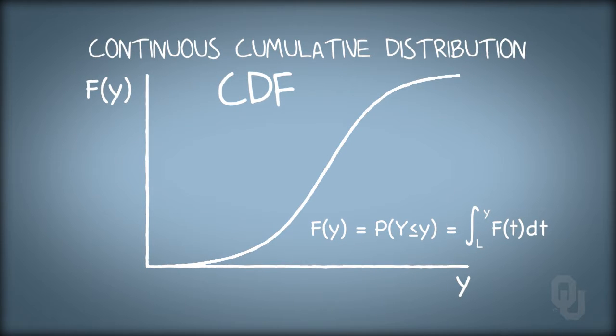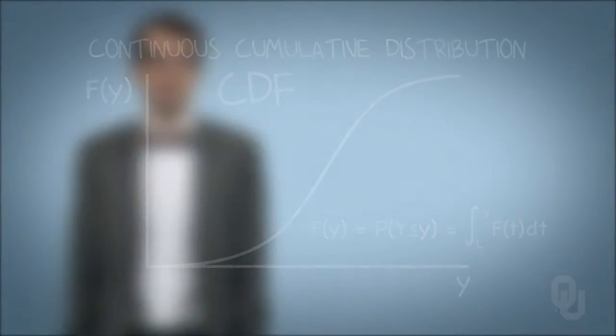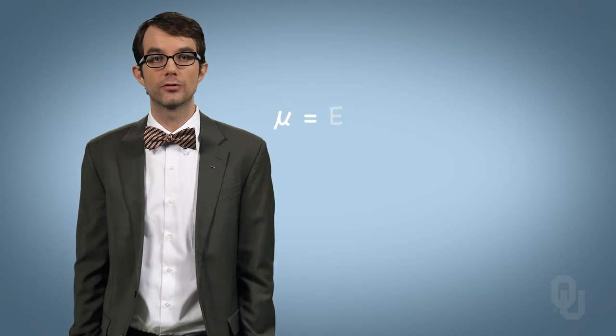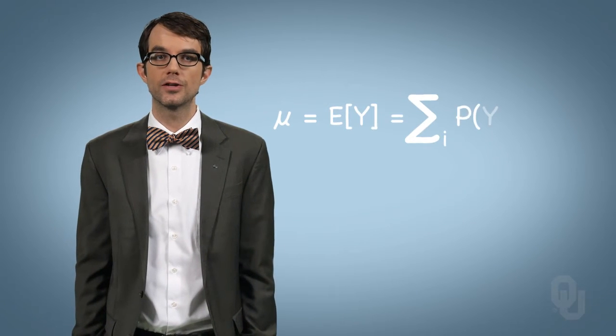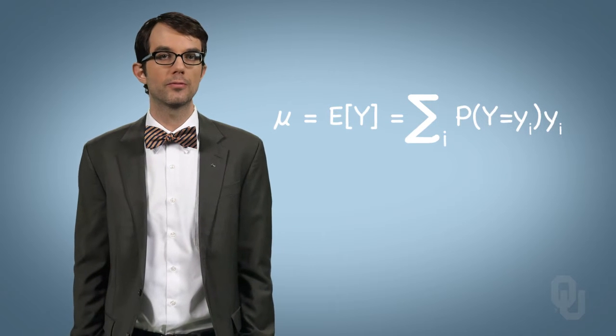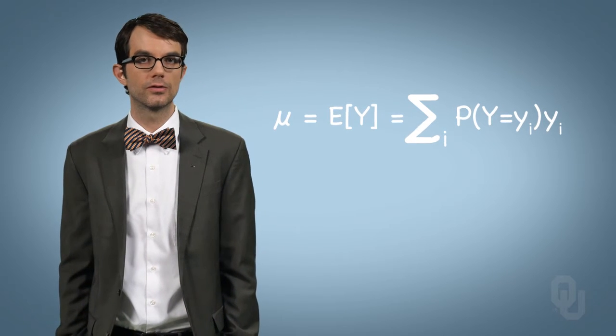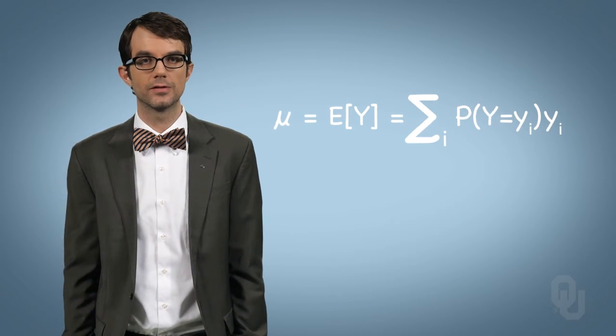The cumulative distribution function is usually a smooth curve, especially relative to the discrete random variable. The expected value of a continuous random variable is similar in concept to what we saw with the discrete distribution. The expected value of y for a discrete distribution was the realization of the random variable multiplied by the probability that that realization occurs, summed across all realizations.